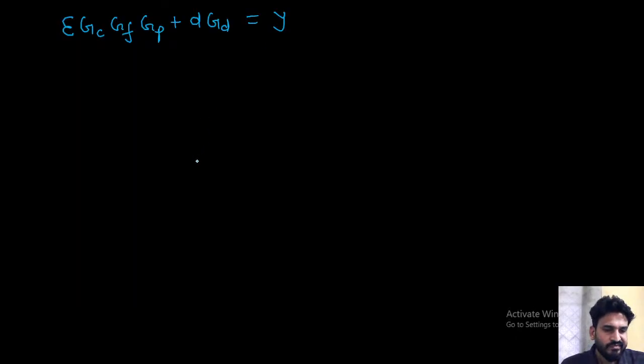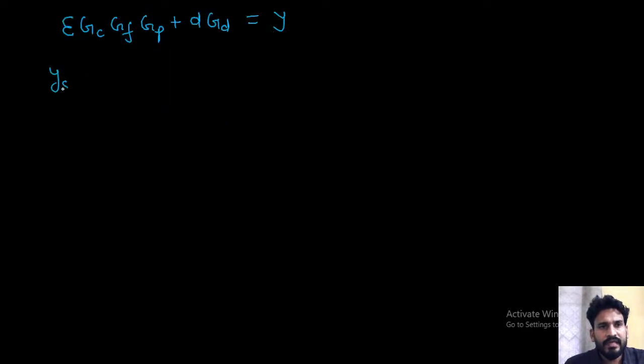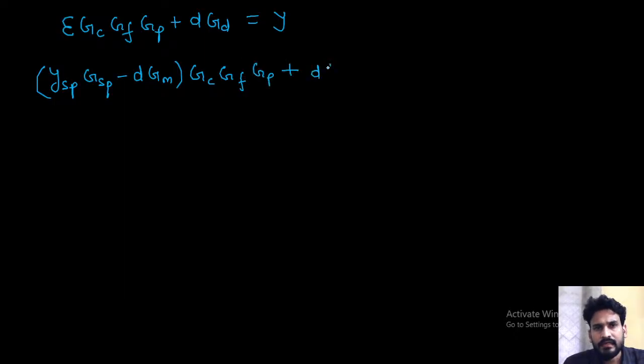It is clear. Now put the value of the error here. This is the value of error, that is YSP GSP minus DGM. And the rest of the terms are the same, E GF, GC and GP, plus DGD is equal to Y.